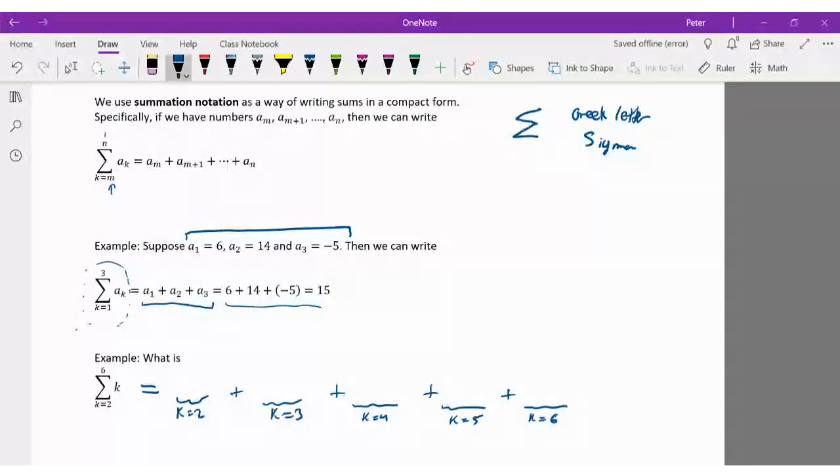And for every one of these terms, I'm just going to replace whatever comes after the sigma, which in this case is just k itself, with the value of k. So this is going to be 2 plus 3 plus 4 plus 5 plus 6. And that comes out to 5 and 4 is 9, and 5 is 14, and 6 is 20. So this expression has a specific numeric value, which is 20.